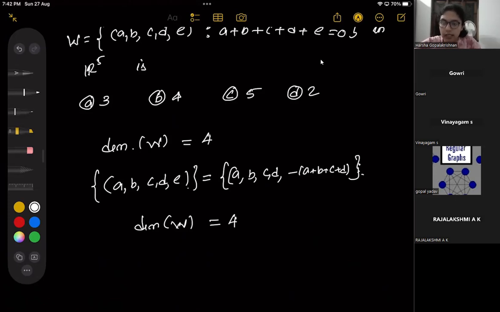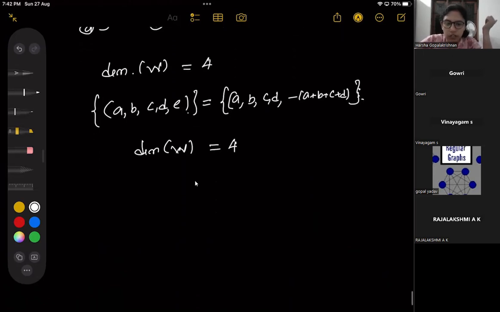And how many distinct variables are there? That will be the dimension of W. Is this fine? Is this question fine for everyone? Answer? Okay, shall we move to the next question?